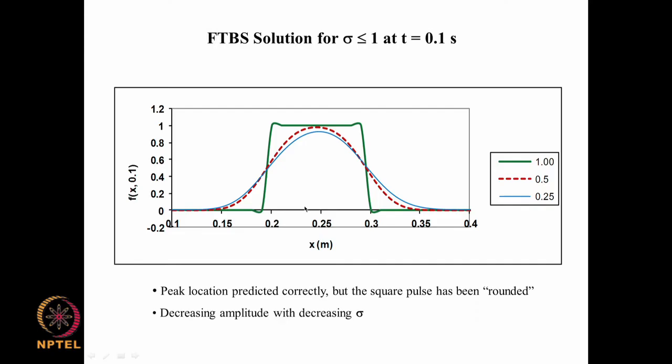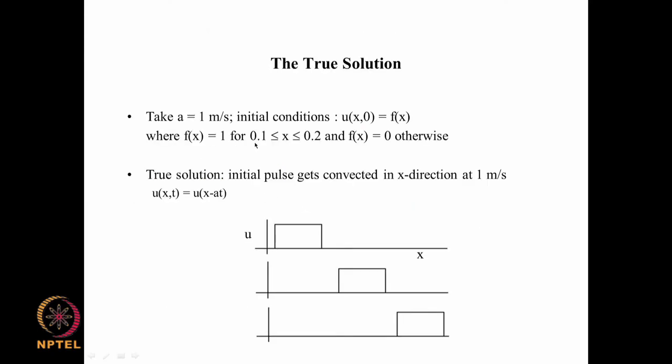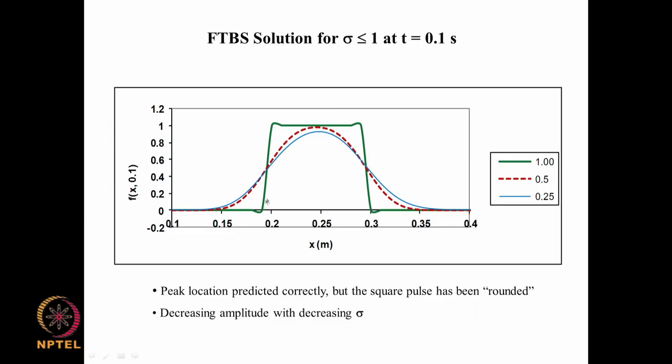As part of the initial guess, we gave the pulse to be 0.1 to 0.2, and in 0.1 seconds it would have moved by 0.1 meters. So it would have gone from 0.1 to 0.2 to 0.2 to 0.3, and that is exactly what we are getting. So we are getting very nearly the exact solution, and whatever small changes there are are because of the software.